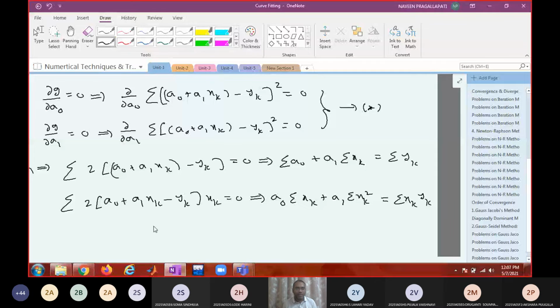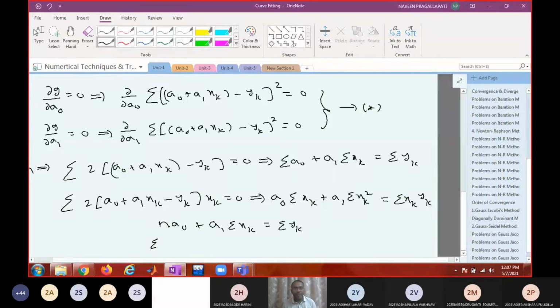So this is nothing but n a naught plus a1 into sigma xk equal to sigma yk, and a naught into sigma xk plus a1 into sigma xk square equal to sigma xk yk. We write generally like this only.